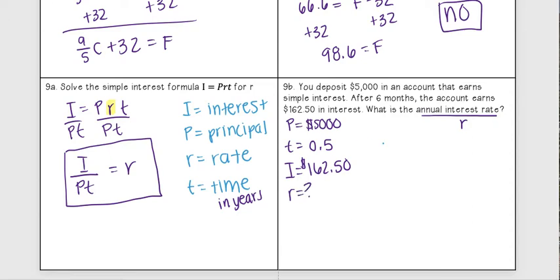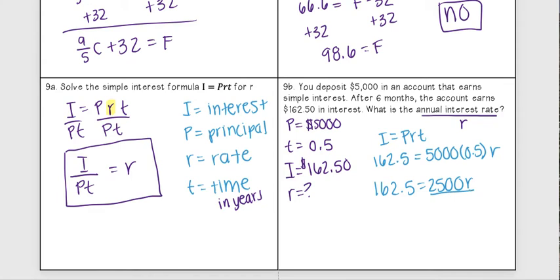Well, plugging all that information into my I equals PRT, my I was 162.5, my P is 5,000, my T was 0.5. And then I don't know my rate. So I'm going to go ahead and simplify the right-hand side. When I do 5,000 times 0.5, I get 2,500.